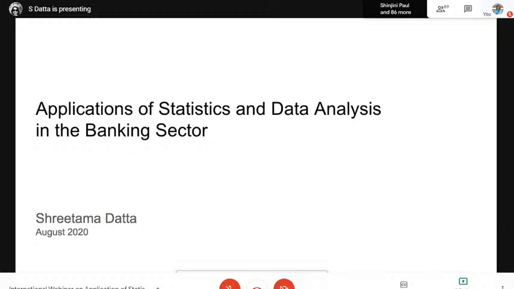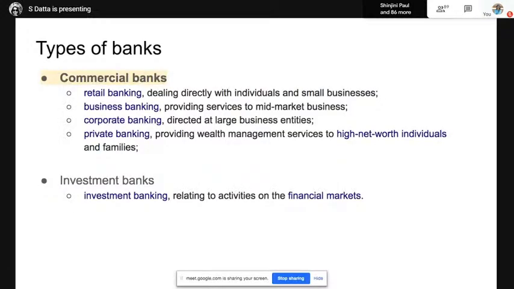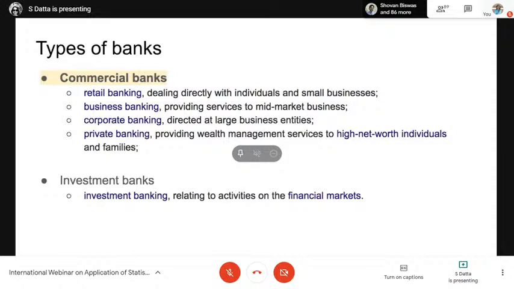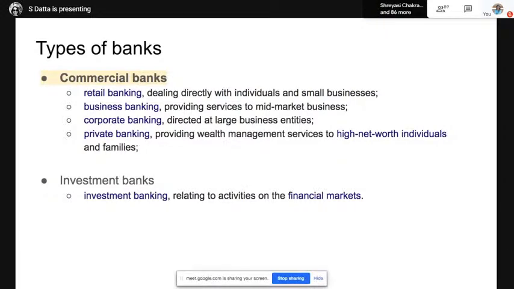Before we jump in, let's talk about what kind of banks there are. There are deposit-taking commercial banks, and you have subcategories depending on the kind of customers they have.